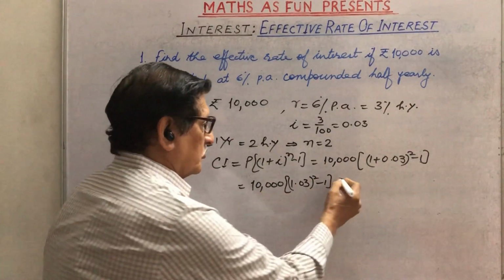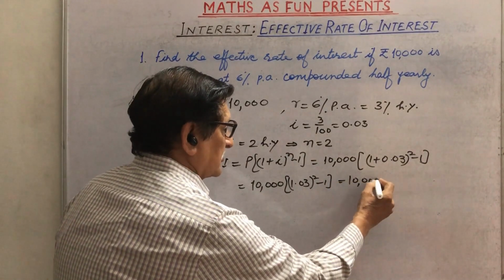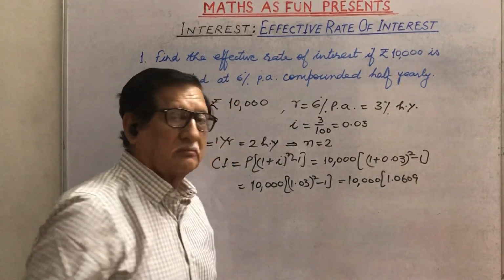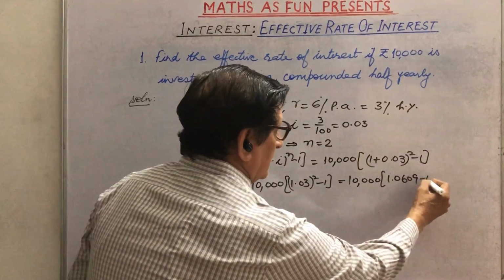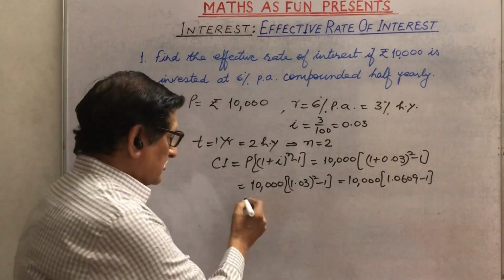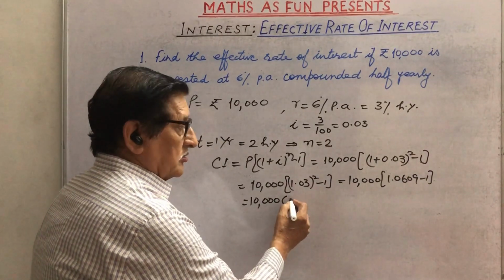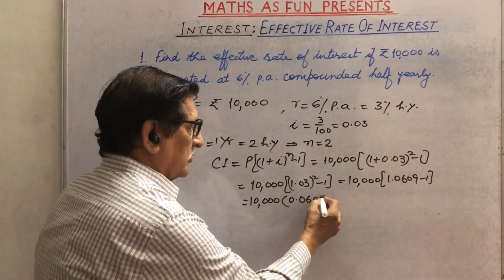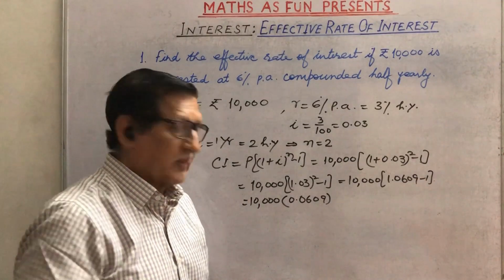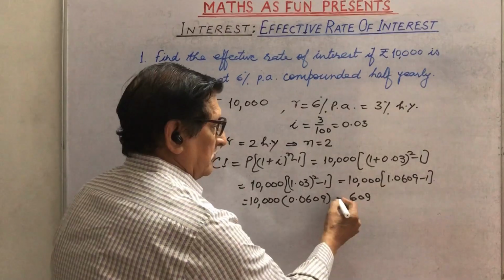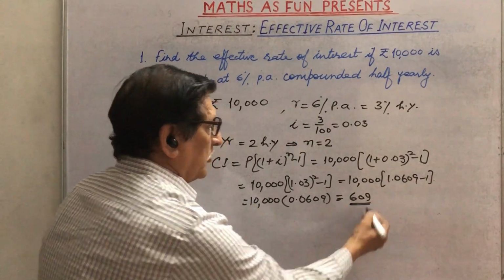We know the whole square of 1.03 is 1.0609, minus 1. Is it coming as 10,000 into 0.0609? If we multiply it by 10,000, it comes as 609. That is the compound interest.